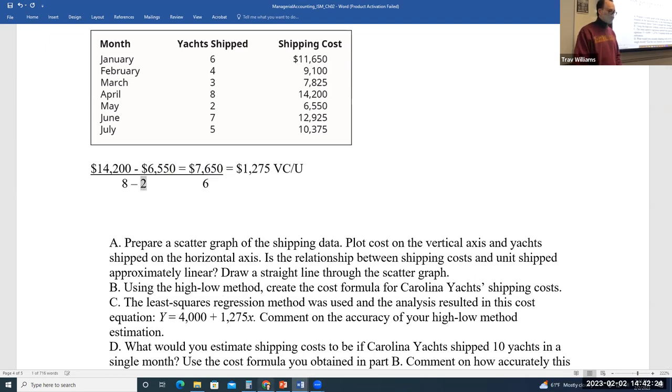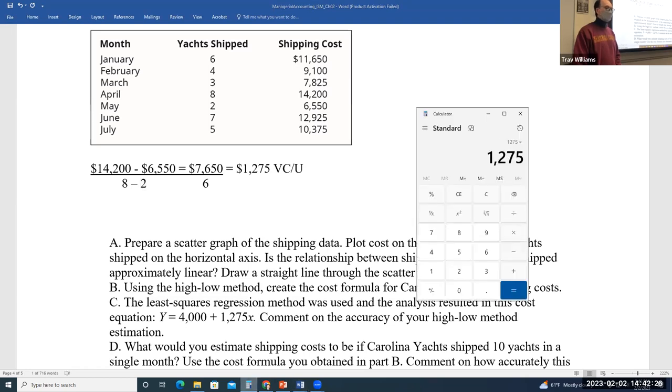Let's start with number 2. So we take our variable cost times 2, 2,550. We subtract that from 6,550, $4,000, right? And if we take 1,275 times 8, subtract that from 14,200, it's also 4,000. So whichever level of production, we get the same $4,000 in fixed costs.